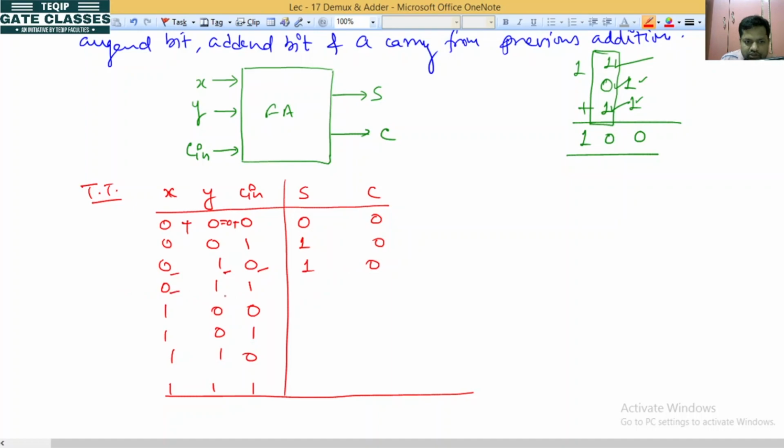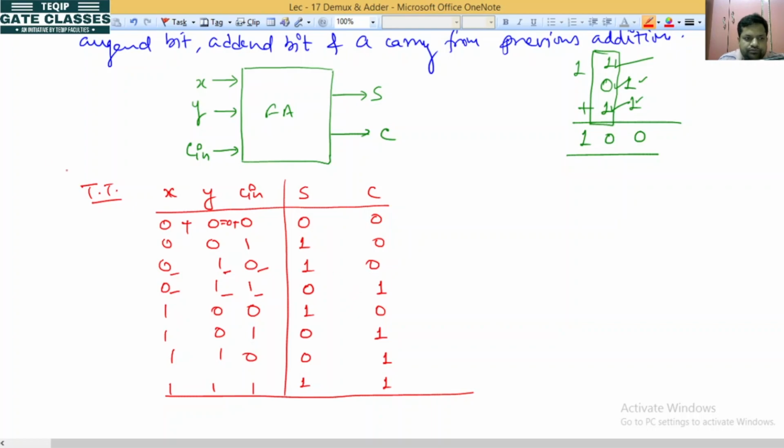Similarly, 0 plus 1 plus 1, so 0 plus 1 is 1, and 1 plus 1 is 0, carry is 1. Now 1 plus 0 is 1, plus 0 is 1, so it is 1, 0. 1 plus 0 is 1, 1 plus 1 is 0, carry 1. So 1 plus 1 is 0, carry 1. 1 plus 1 is 0 and carry 1, so 0 plus 1 is 1, so 1 carry and 1 sum. Okay, now 1 sum and 1 carry.